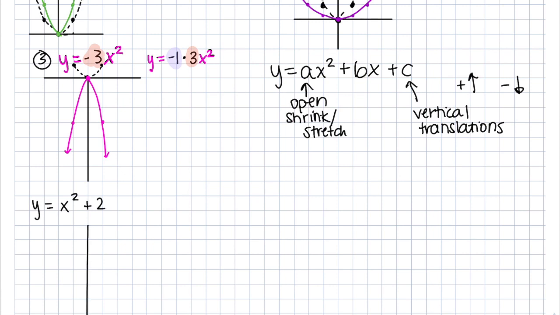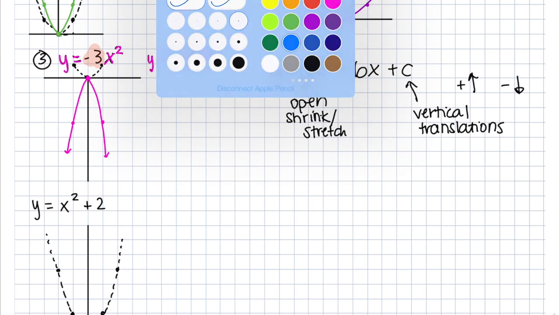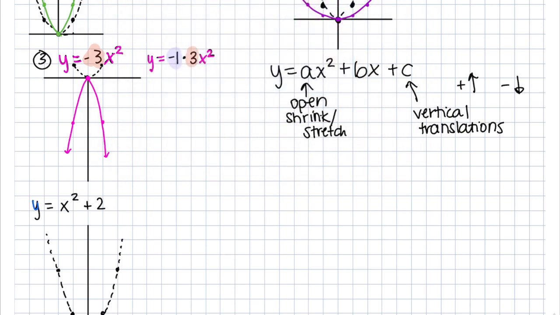So if we graph this, then normally my parent function is here. 1 squared is 1, 2 squared is 4, and then we can reflect. Okay, again, this is my parent function. I'm now going to say, okay, well, my parent function is y equals x squared.